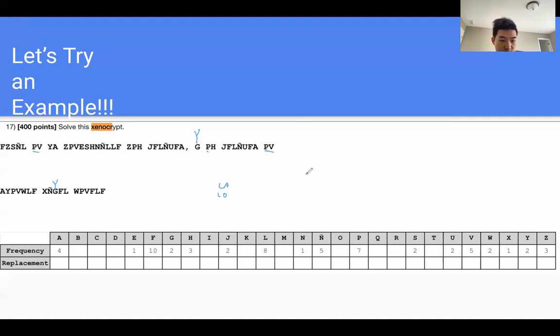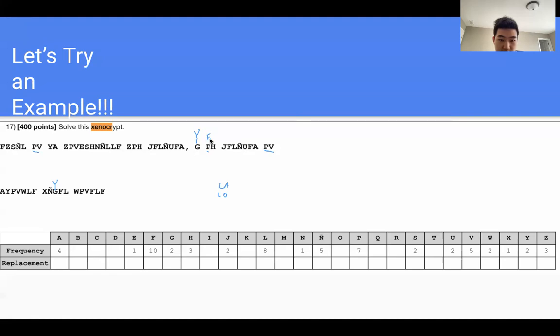What I was going to say is that based on what source you use, sometimes people say that A is more common in Spanish than E. Basically, when we're dealing with Aristocrats, usually E is the most common, and usually by a decent margin, right? But in Spanish, sometimes you'll find that one or two letters are more common than E. And that's okay as long as you're used to it. A is sometimes much more common than E, so be careful for that.